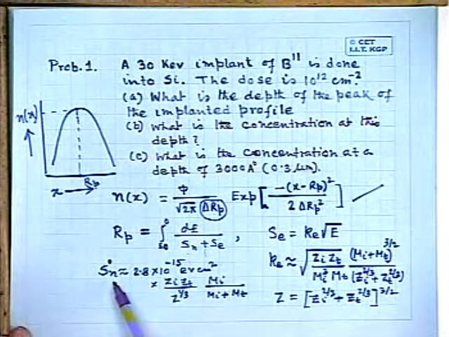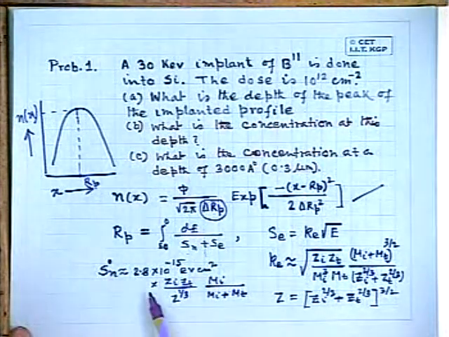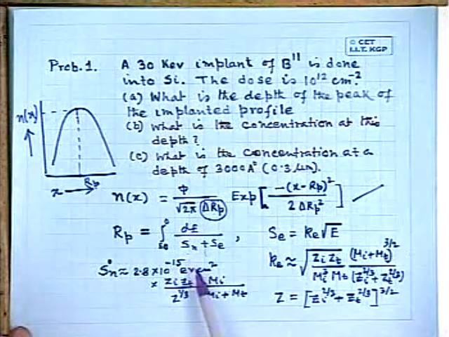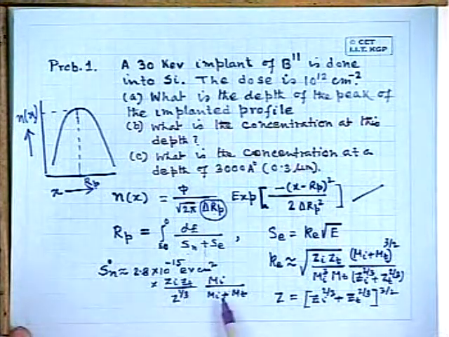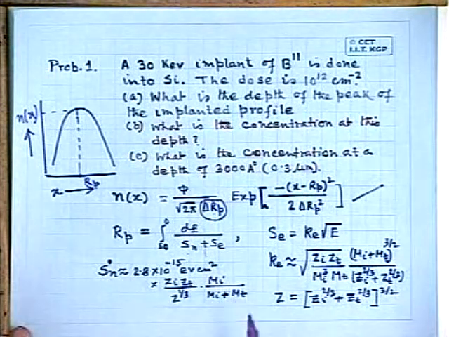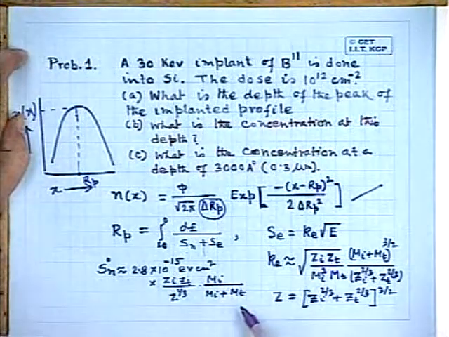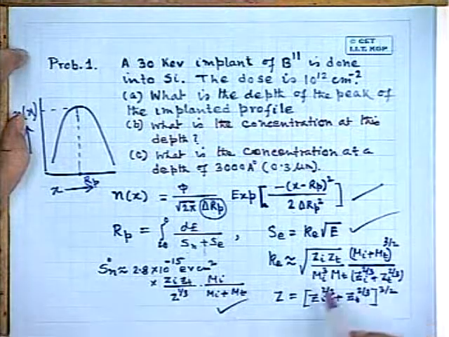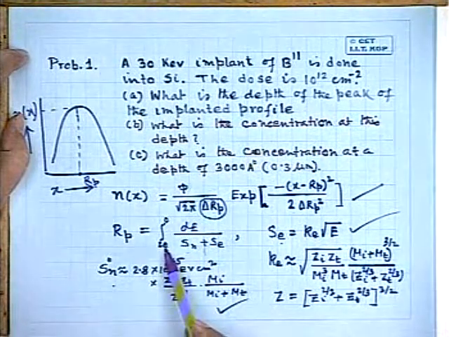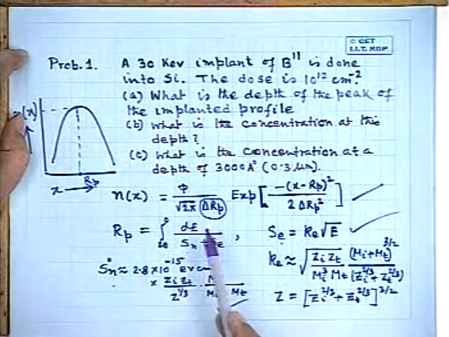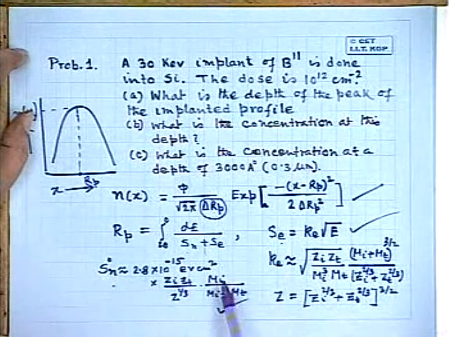And Sn is given by the maximum nuclear stopping power, Sn0, which is given by 2.8 into 10 to the power minus 15 electron volt centimeter square into Zi Zt divided by Z to the power 1/3, into Mi divided by Mi plus Mt. So this is the maximum Sn value, and this is the Se value. You put Sn and Se here, then integrate from E0 to 0, where 0 means the energy is 0 and the ion stops.